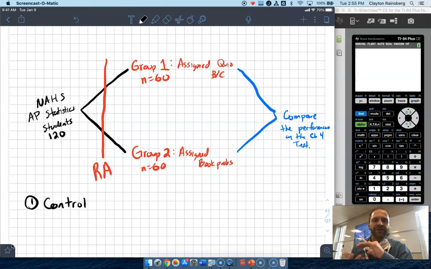Let's see. I want to ensure that the only systematic differences between the groups is the treatment being imposed on them. So did I make sure that happened? So here are my groups. Here's treatment 1. Here's treatment 2.